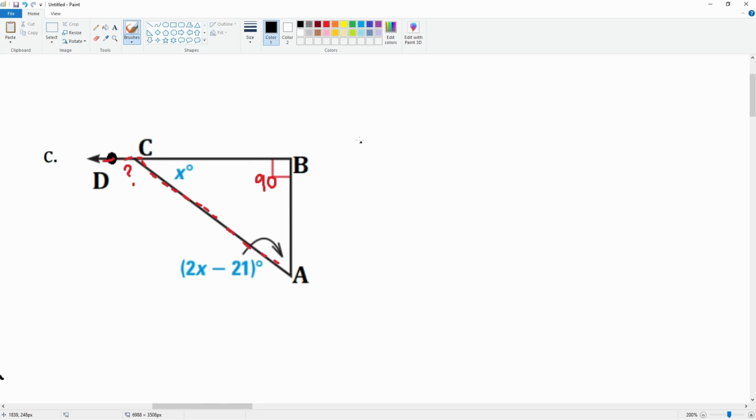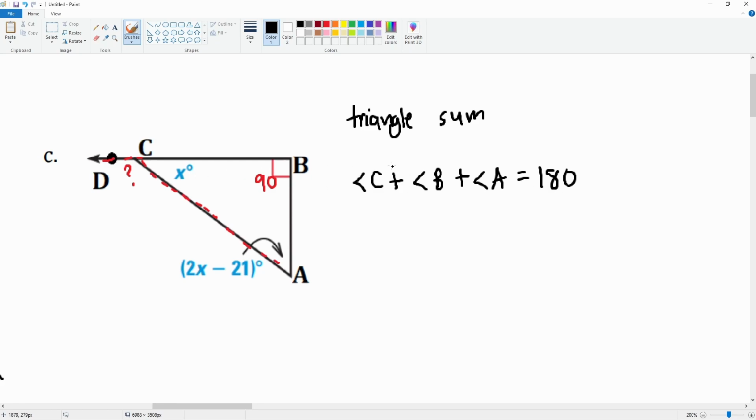So if we use the triangle sum, let me write down the equation before I plug in the numbers. Angle C plus angle B plus angle A is equal to 180 degrees, because those are all the angles that make up the triangle. Angle C is x, angle B is 90 degrees, angle A is 2x minus 21, equals 180.